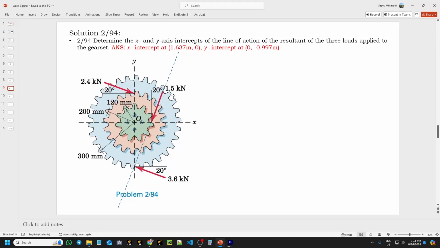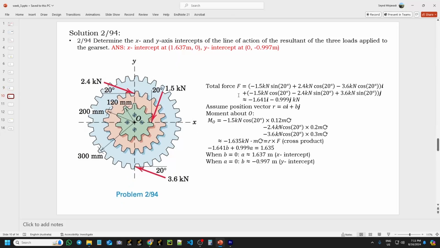gear set. So the first thing is we need to find the x component and y component of each of these forces, and then we need to add them up, and then we need to find the moment of each component about point A, and let us do that, and I will tell you the last step later.